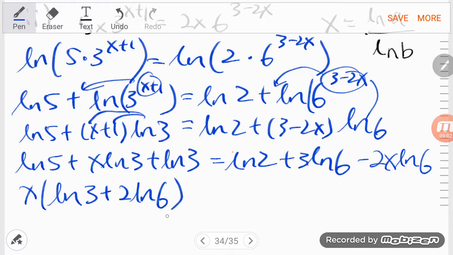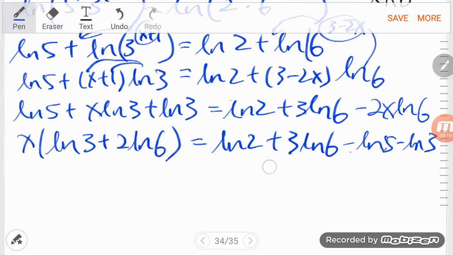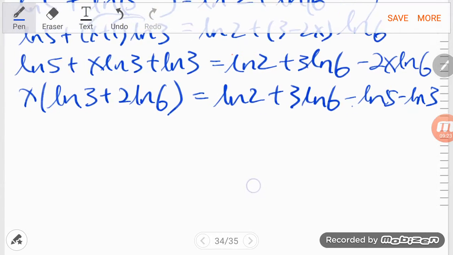Wow, this one is quite long. So for the left-hand side, I can rewrite this as ln 3 plus ln of, I'm going to move that 2 back to the exponent, I'll have 36. For this one, same thing here, bring that up. Okay, this will be ln 2 plus ln of 36 minus ln 5 minus ln 3.